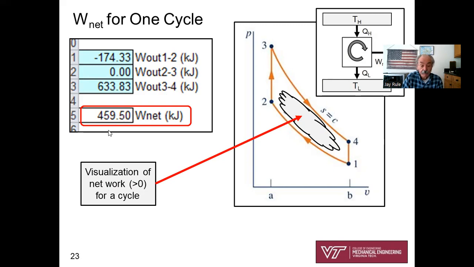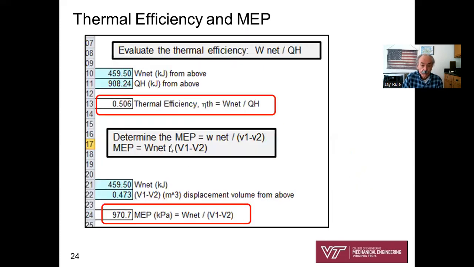Our net work is 459.5 kilojoules. Okay. We're looking for thermal efficiency. We already had QH. We found that, Q from 2 to 3. So now it's a matter of going back in our problem and fishing out our numbers to get W net over QH is 0.506. Okay, now we're really moving along.